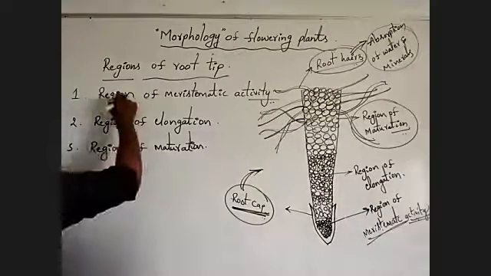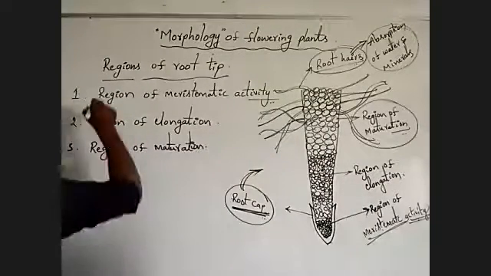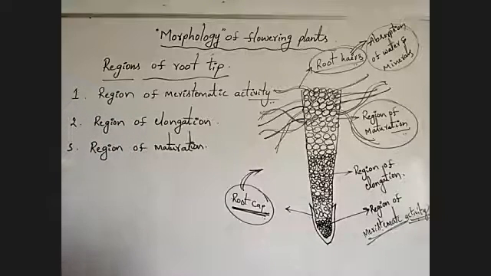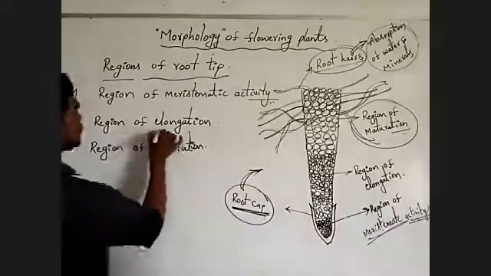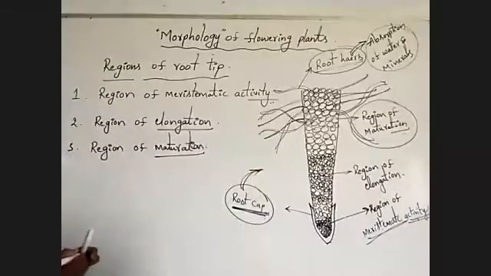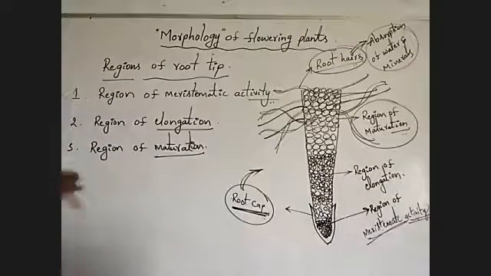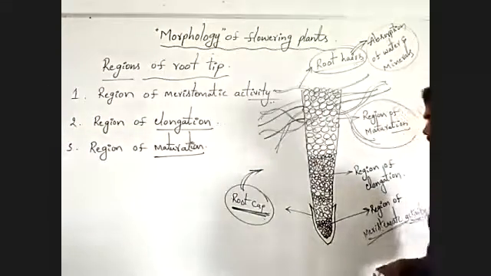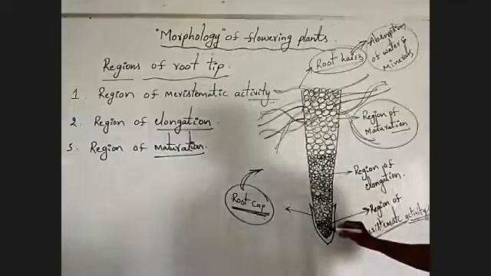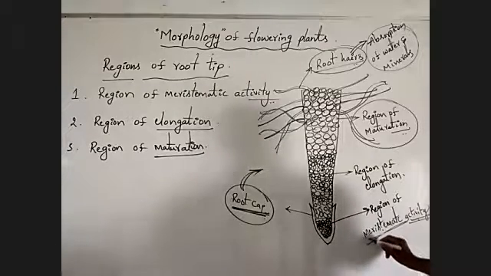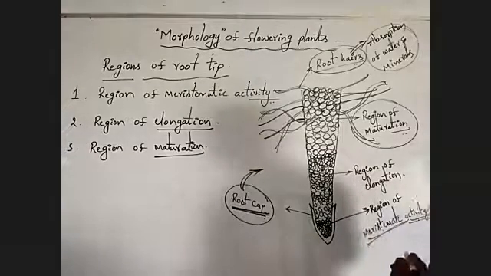Okay, observe, these are three important regions: region of meristematic activity, region of elongation, next region of maturation. These three are important regions present at the tip of the root. Now observe in this diagram, at the tip we can observe a specialized tissue, the meristematic tissue.